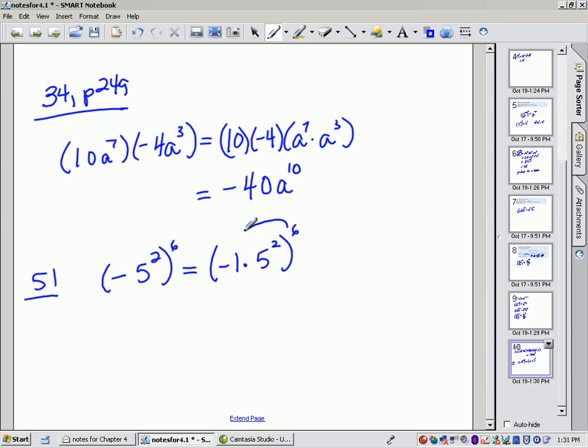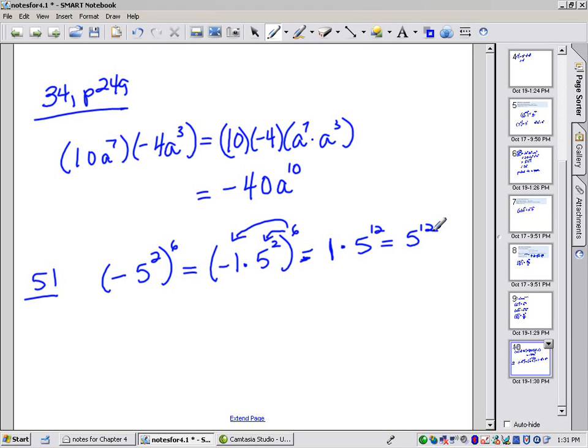So the 6th power is going to apply to the negative 1 as well as to the 5 squared. And you remember that if a negative number repeats an even number of times, it becomes positive. So negative 1 to the 6th is really a positive 1. And then 5 squared to the 6th, we multiply to get 5 to the 12th. So this is really the same thing as a positive 5 to the 12th.